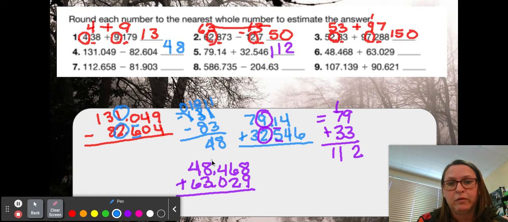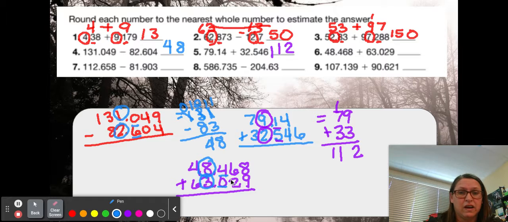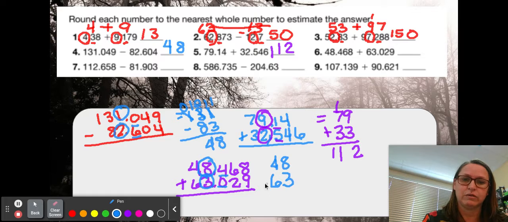So I'm going to circle my 8, and I'm going to circle my 3, and I'm going to look at the number next door. So with 4 next door, 4 is under the 4 or less, let it rest. So my 48 will stay 48. And my 0 is also in that 4 or less, let it rest.